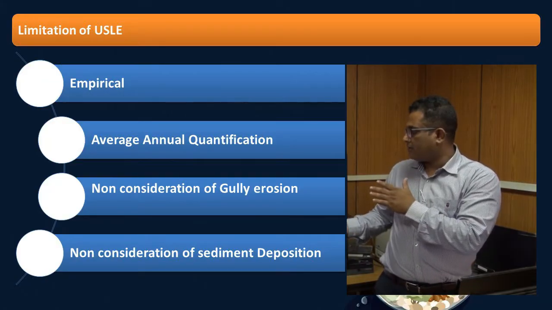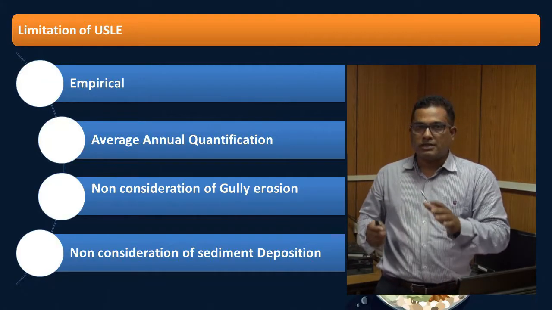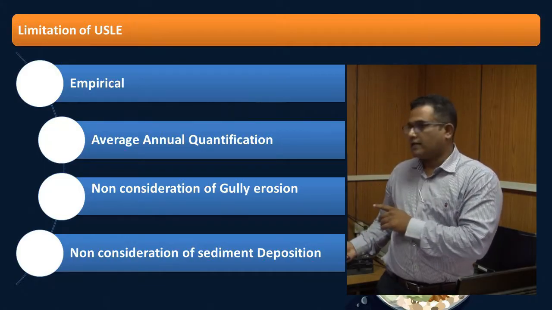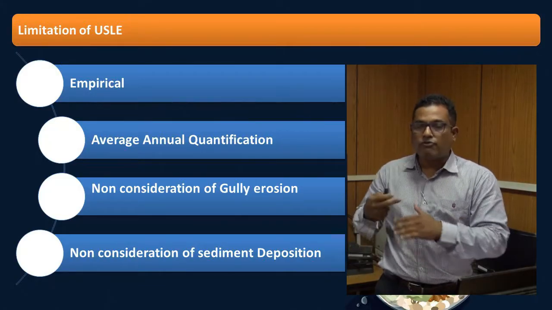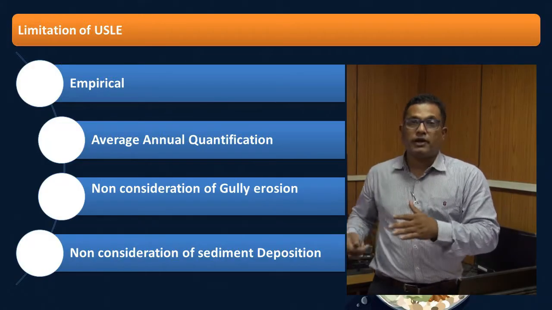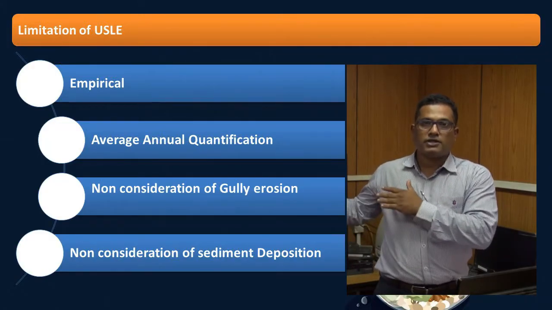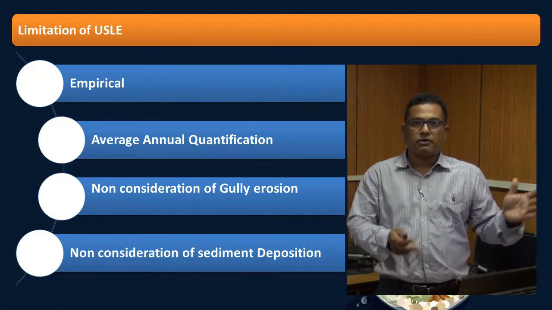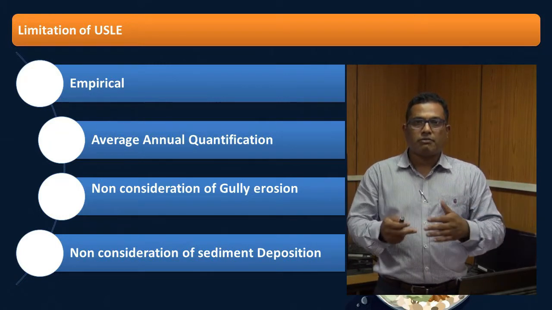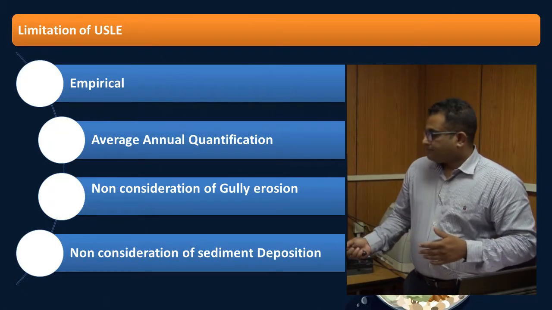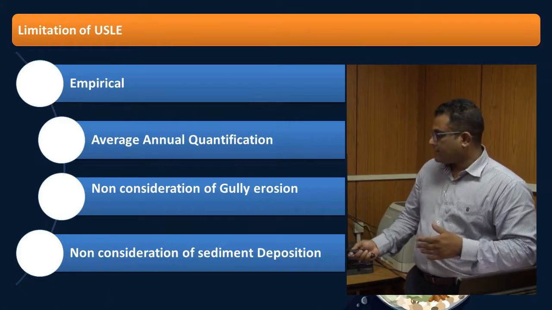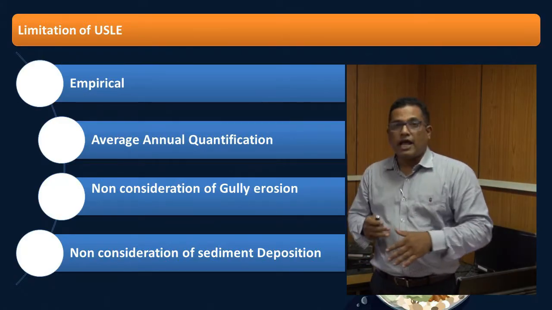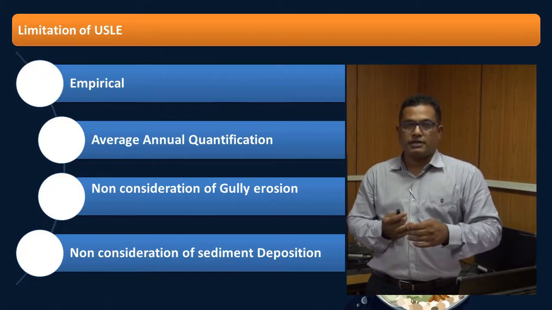So it's not actual, it's empirical. In actual field conditions, the soil loss may differ. There we have to go for the PEG method or sedimentation tank method, or simply the simulator plot method for the individual field. Second, this is an average annual quantification.